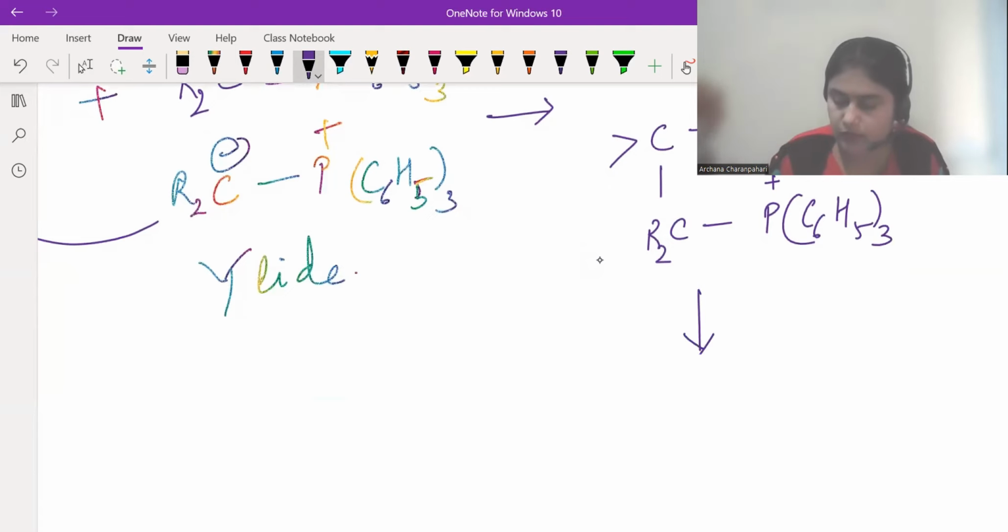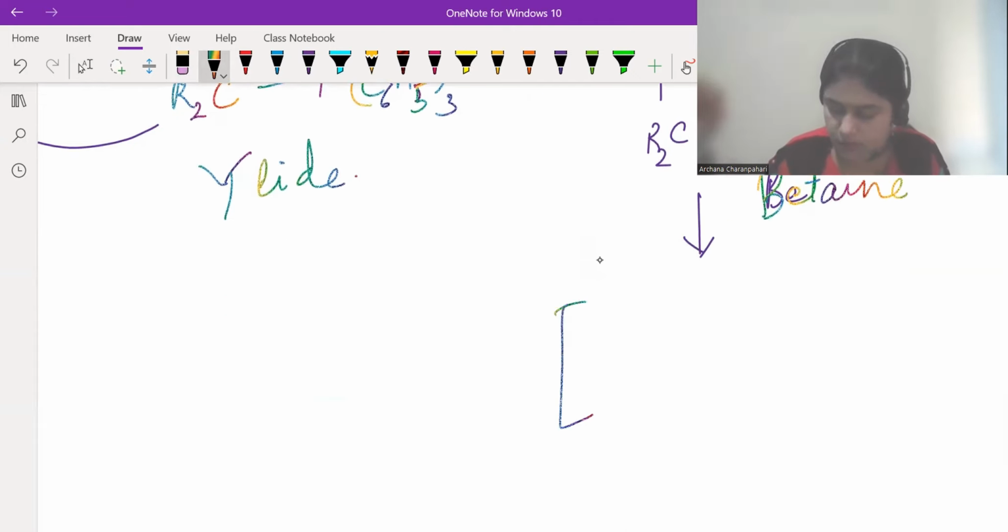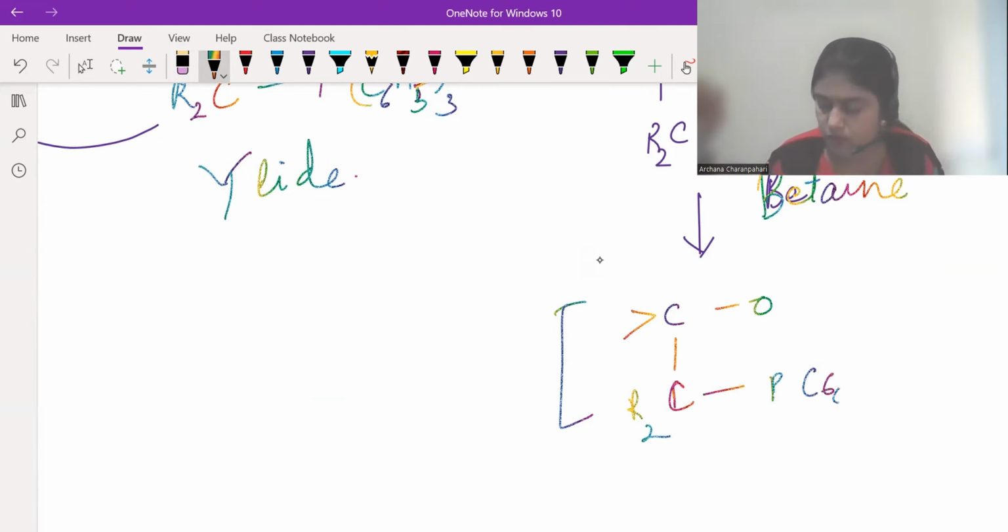This is called betaine. This betaine structure will then rearrange to give you the desired product.